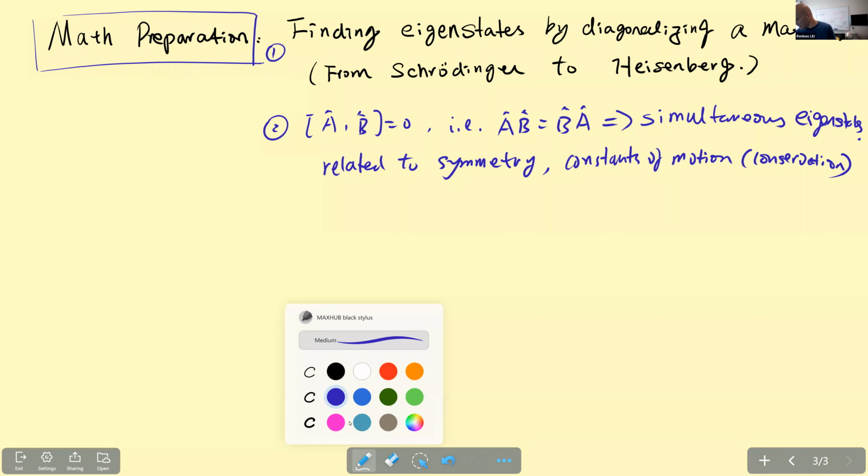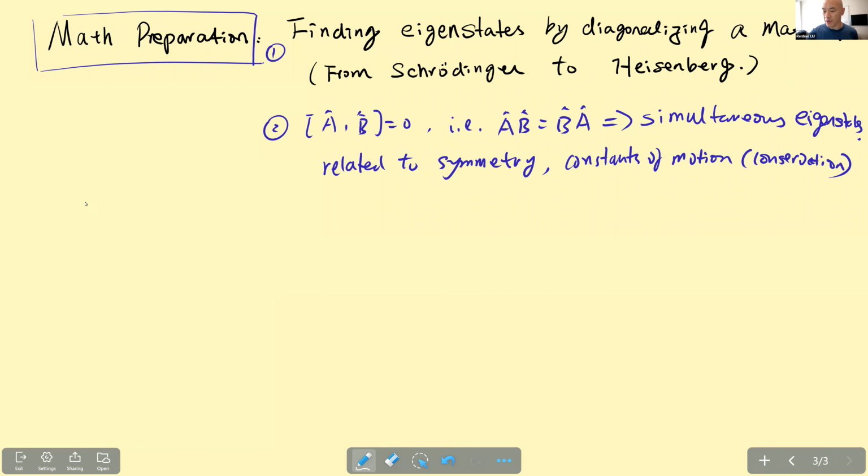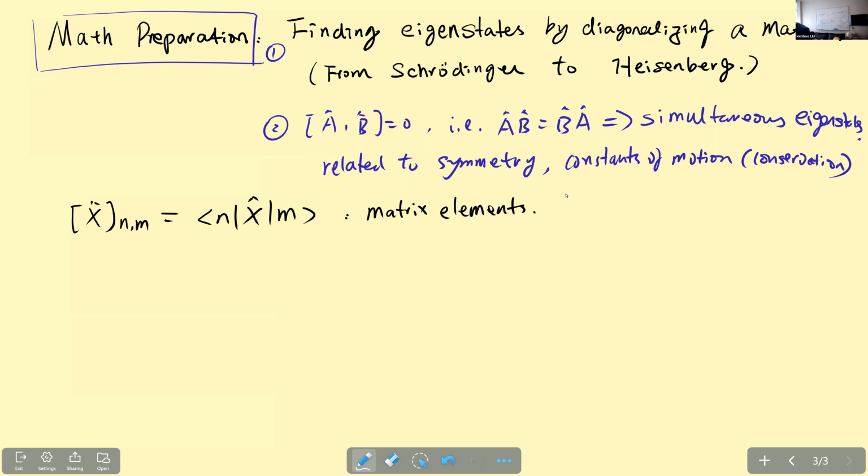Right. First of all, let's review a little bit what the matrix is, right? So if I have an operator, for example, this is defined as the matrix elements. Of course, this one depends on the choice of the states, right?